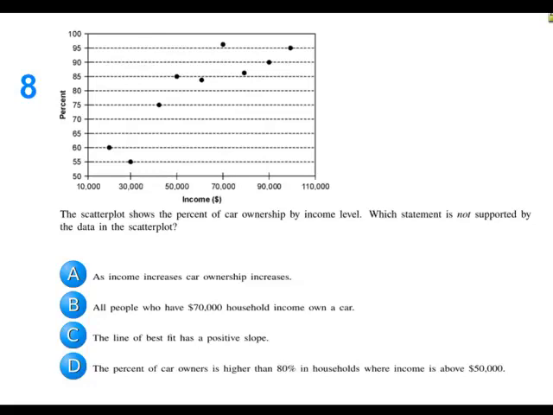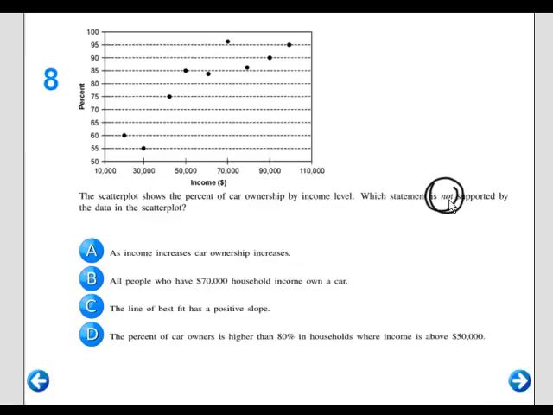Positive. The more money you make, the more likely it is you own a car. All right. Well, as income increases, so the money is getting more, ownership increases. Is that happening? Yes. We want the one that's not supposed to happen. That's key here. Okay, so that's a good one.